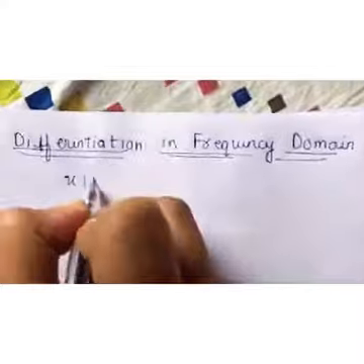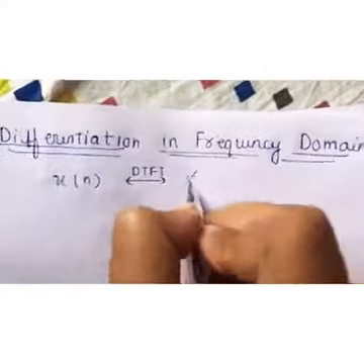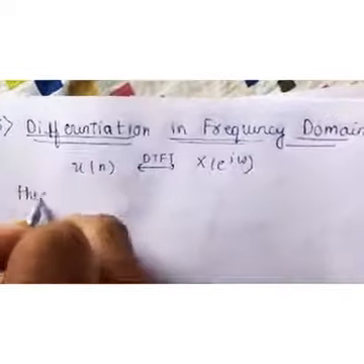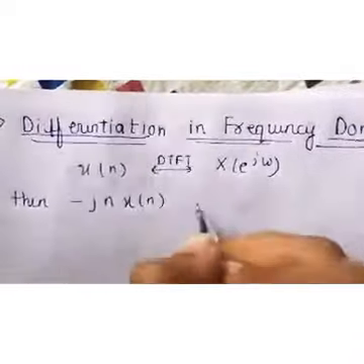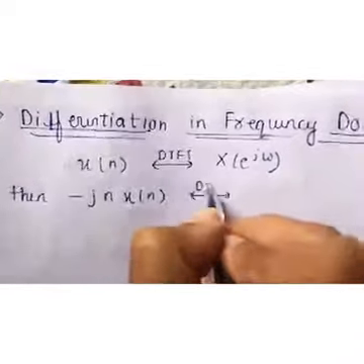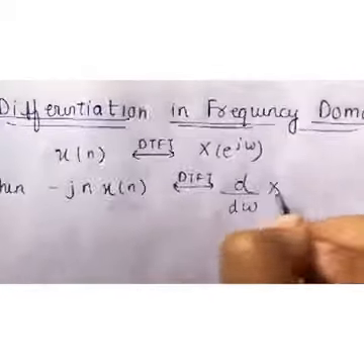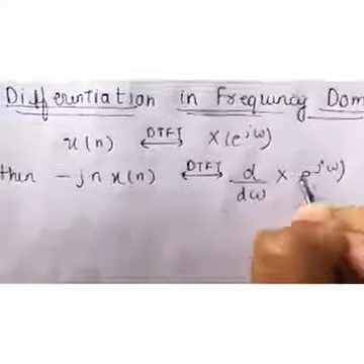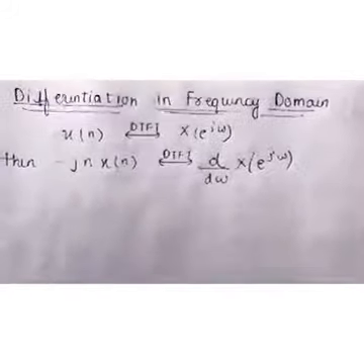So we know x of n forms a DTFT pair with X of e^{jω}, then minus j n x of n forms a DTFT pair with the differentiation with respect to ω of X of e^{jω}. Proof.